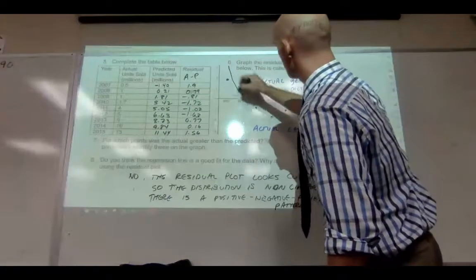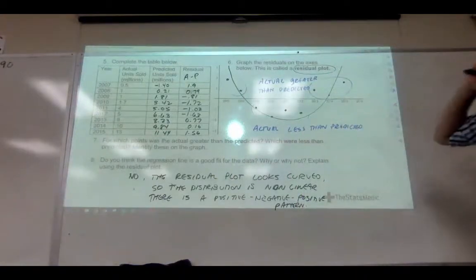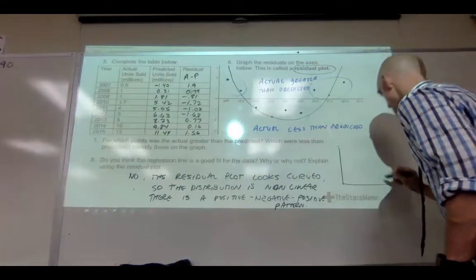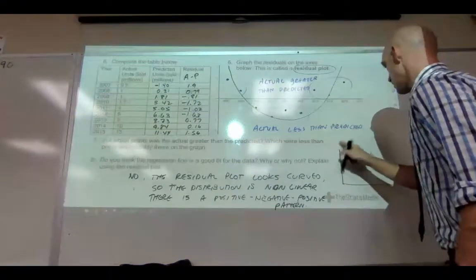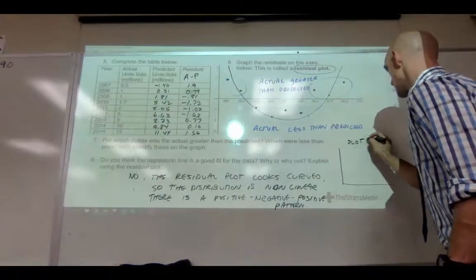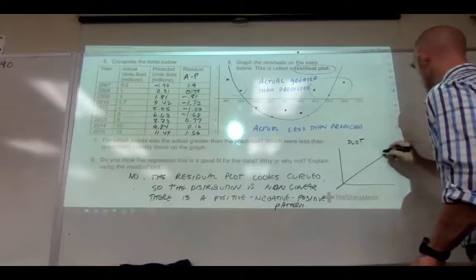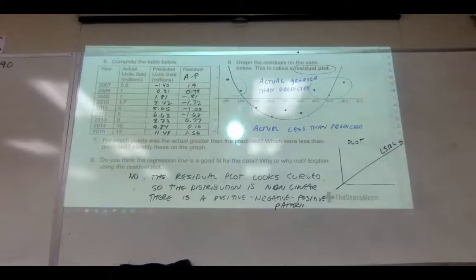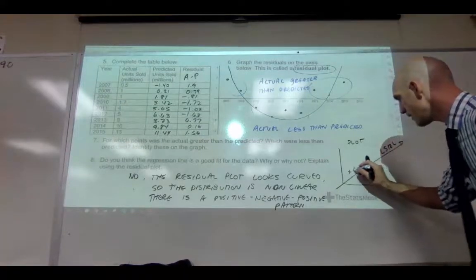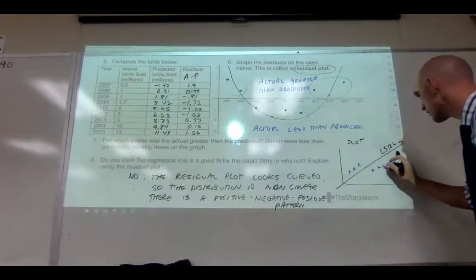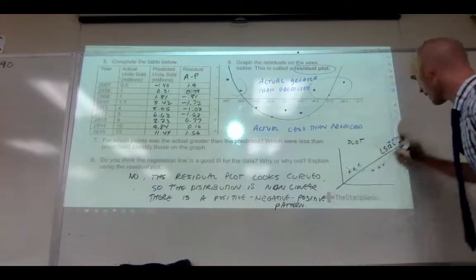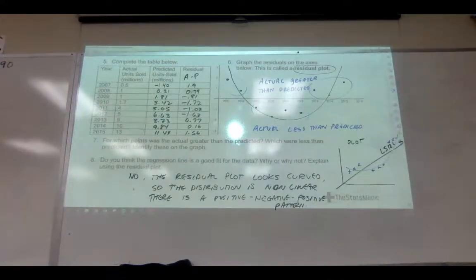So positive, negative, positive. What that tells us is, if this is our plot and I sketch in my least squares regression line, we've got data here, data here, data here, so it would look more like a curve than a line.